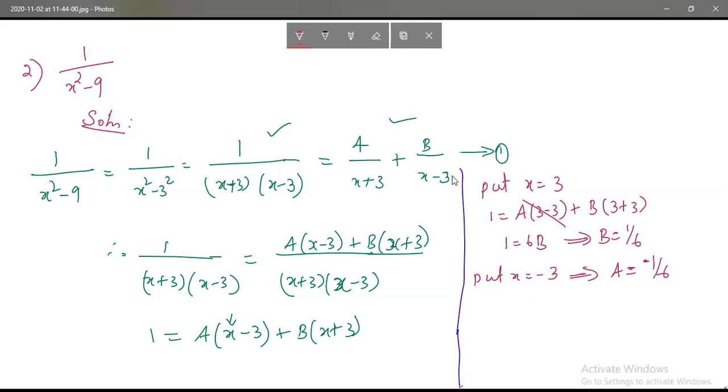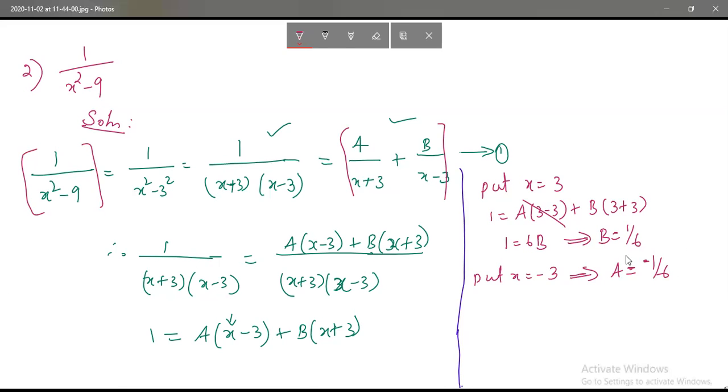Now in equation 1 you are supposed to substitute these values. So you get 1 by x square minus 9 is equal to a by x minus 3 plus b by x plus 3, and in place of a you will put minus 1 by 6 and b is 1 by 6.